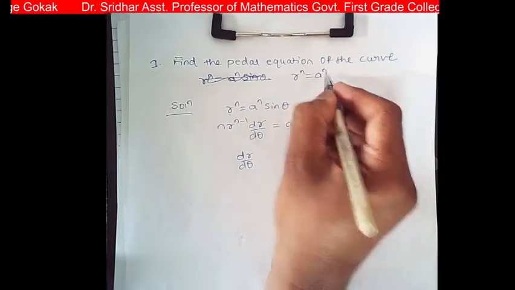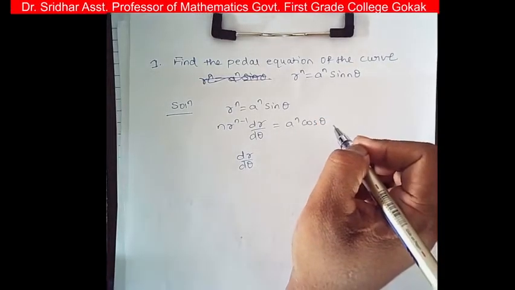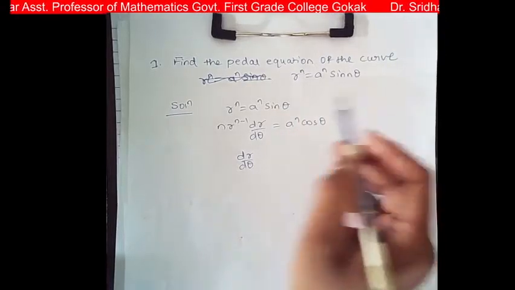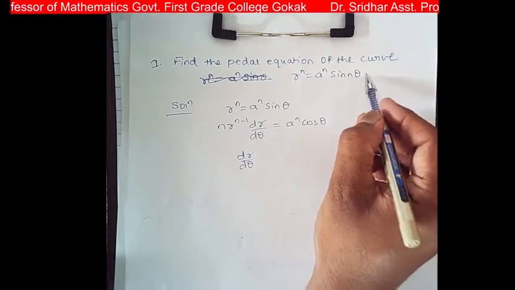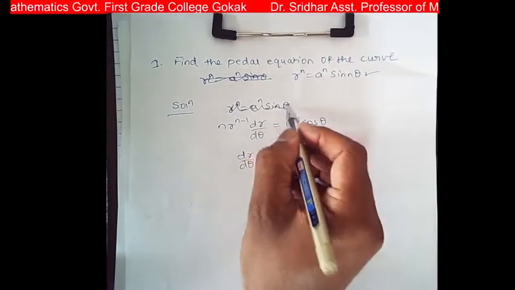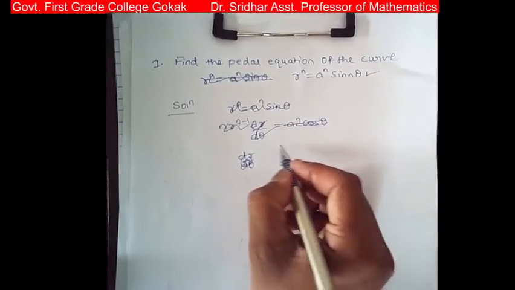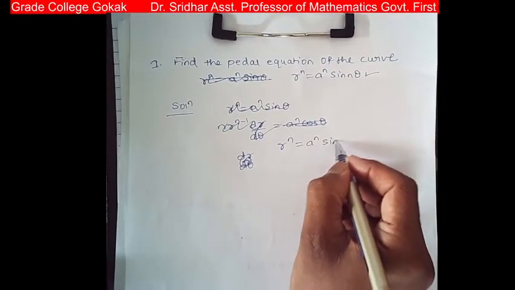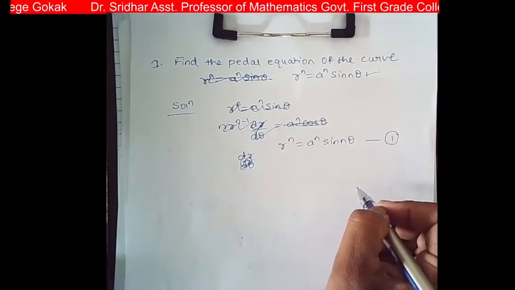The problem is find the pedal equation of the curve r raised to n is equal to a raised to n sin n theta. So we should take this as r raised to n is equal to a raised to n sin n theta. So this is equation 1.